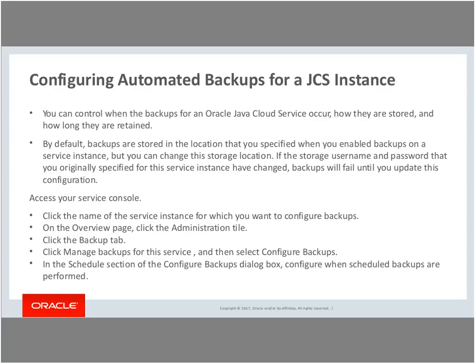If the storage username and password that you originally specified for this service instance have changed, backups will fail until you update this configuration. So whenever a user password gets changed, we have to manually go to the backup configuration and provide the new user password so that the backups continue to be successful.